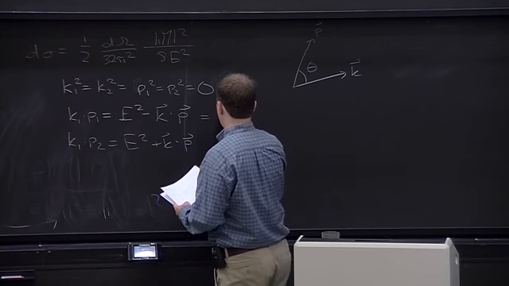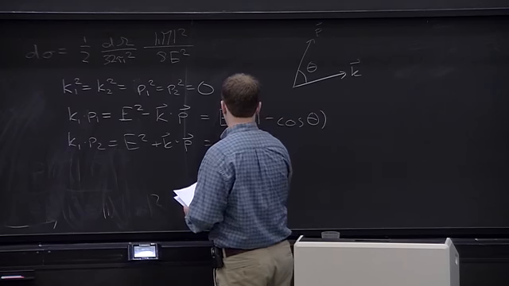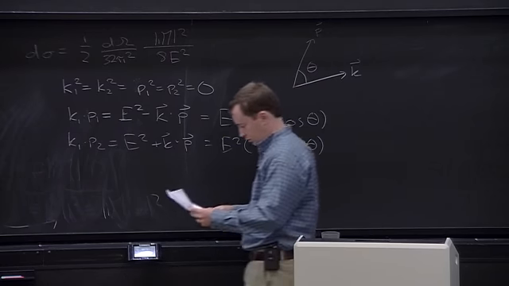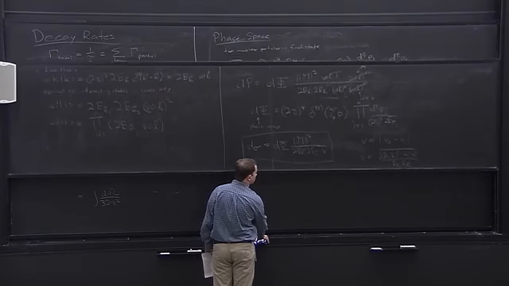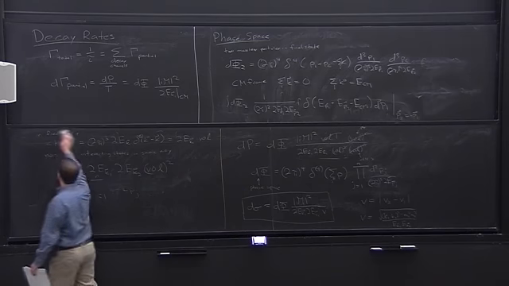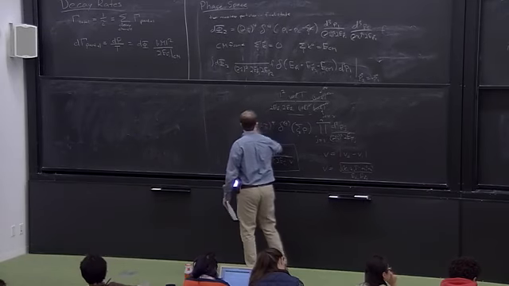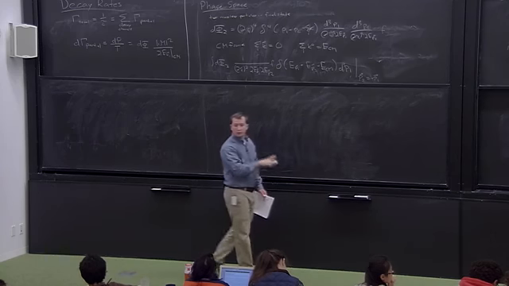So these become E²(1 − cos θ) and E²(1 + cos θ). Any questions so far?